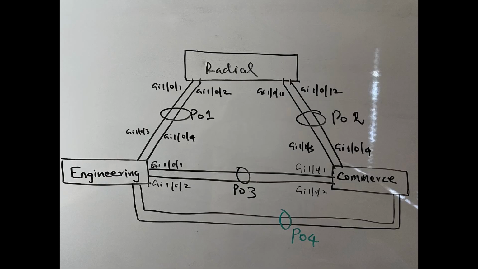Let's do it quickly. I'm going to use LACP, but with an active mode for the negotiation. Otherwise, when we do passive on both sides, you will not see EtherChannel forming, right? So let's try that.